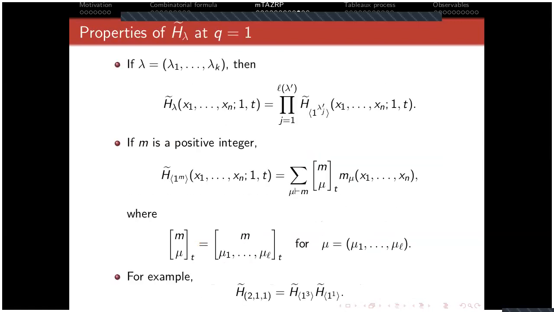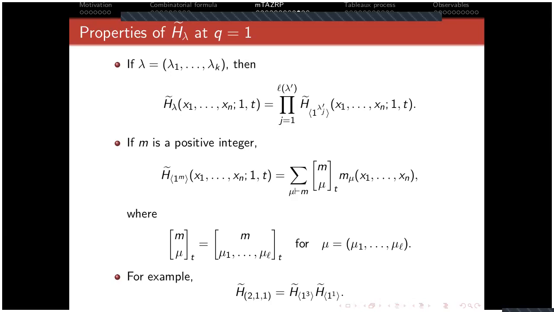So at Q equal to 1, something special happens. The modified Macdonald polynomial for arbitrary lambda factors into a bunch of modified Macdonald polynomials where the partition is a single column of ones, where the number of ones depends on the conjugate partition.